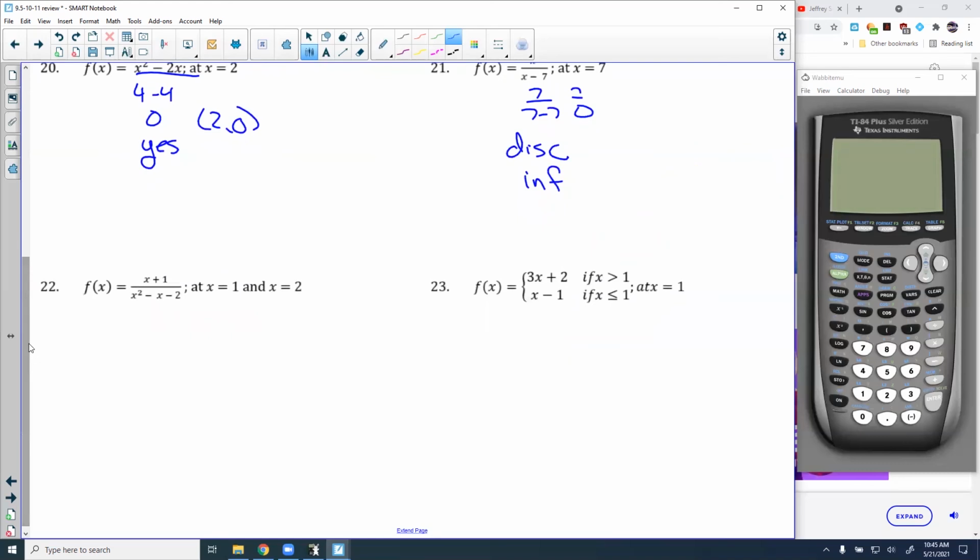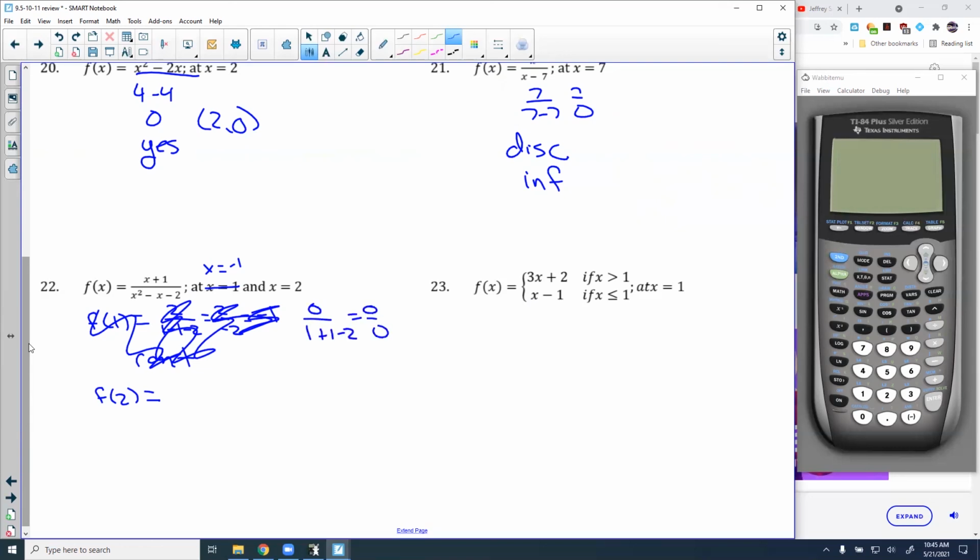All right, this one, let's go, f of 1 is 2 over 1 minus 1 minus 2. So 2 over -2, -1. So this one is continuous there. And then this one, f of 2 is, oh, dang it, I really wanted this to be, let's go with -1, because I want you to see something that could actually be on the final. Now, does this cause this to be 0 over 0? So 0 over 1 plus 1 minus 2.